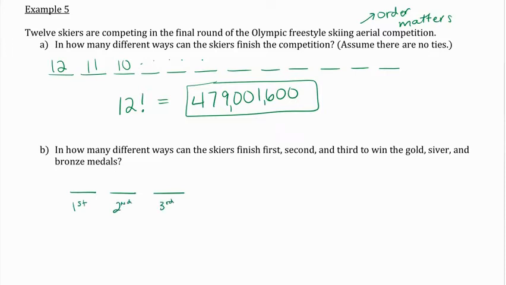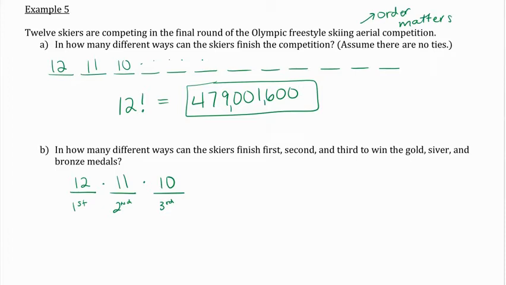But we still have 12 skiers, but we're only going to look at the first 3 places. So then all we have to think about is, okay, well, there would be 12 possibilities for the first place skier. There's 11 possibilities for the second place because we've already picked the first place. And then there'd be 10 possibilities for that. So in this case, we don't need the whole 12 factorial. We only need part of it.